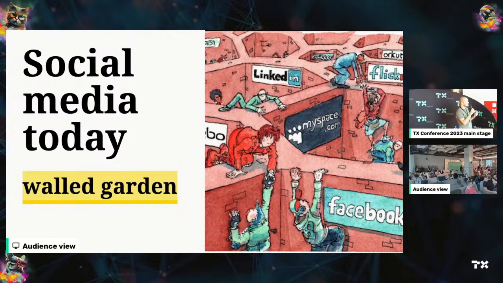All operations in a closed system are controlled by the system operator, and this type of system is also known as a walled garden. We have a nice illustration here where we see some social networks. It was published in 2008, but nevertheless it's still very significant today, I think.